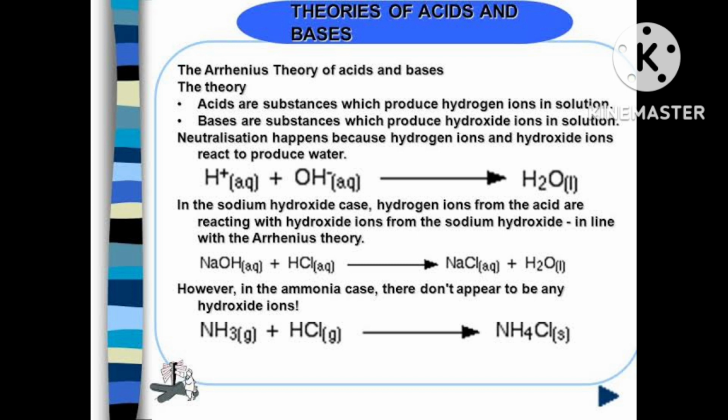Similarly, H2O is the conjugate base of the acid H3O+, and H3O+ is the conjugate acid of the base H2O. All are differing by only one proton, and both are called conjugate acid and conjugate base. A strong acid will form a weak base, and a strong base will form a weak acid. Okay.